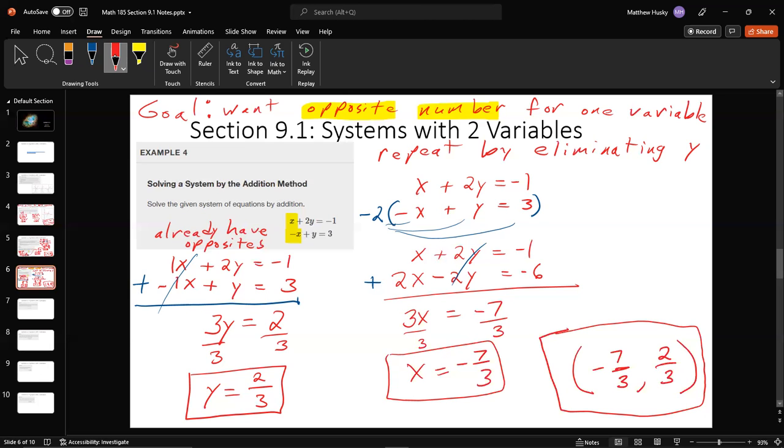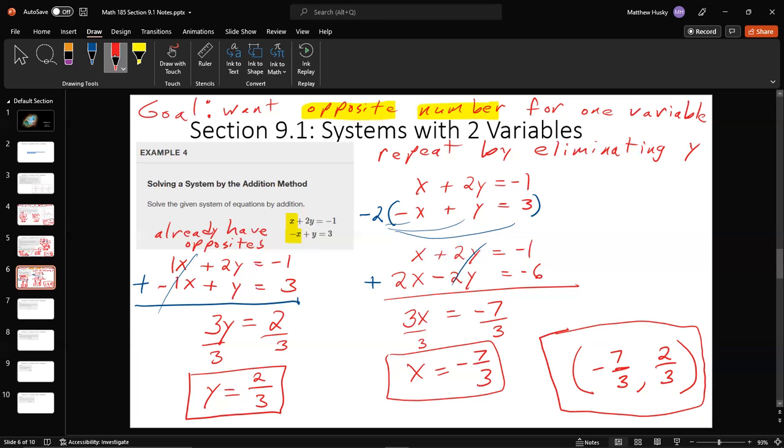I could just solve the problem, follow the method. If I got a fraction, I got a fraction. We can handle fractions around here. No big deal. This is what the addition method has going for it, because plugging in fractional values can get to be a pain very quickly.